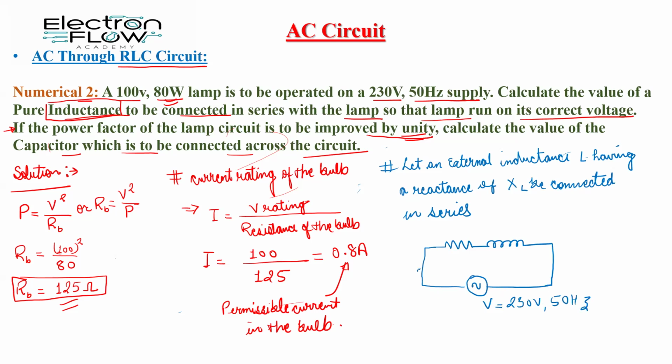The current flowing in this circuit is 0.8 ampere, which we have calculated. This is the resistance of the bulb, and this is the inductance whose reactance is XL. This is what we have assumed here.